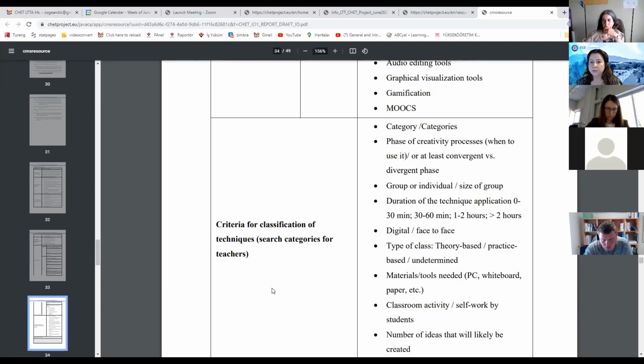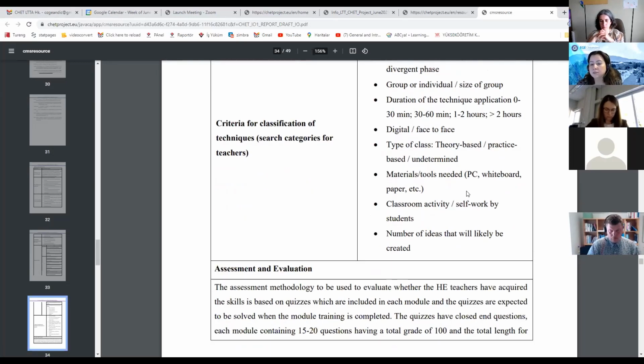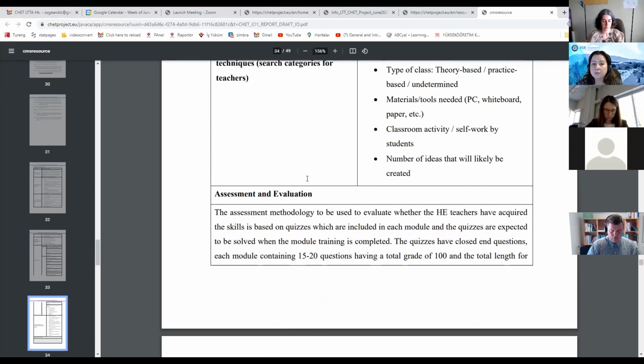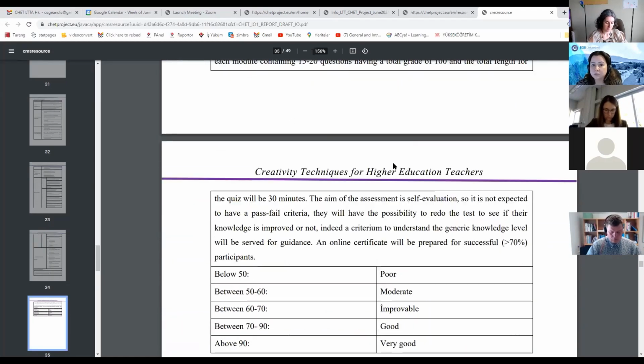Is it a group activity or an individual activity? What about the size of the group? The duration of the technique? Is it digital or face-to-face, or can it be implemented both ways? Type of class, materials, tools needed, classroom activity, and also some tips about assessment and evaluation.